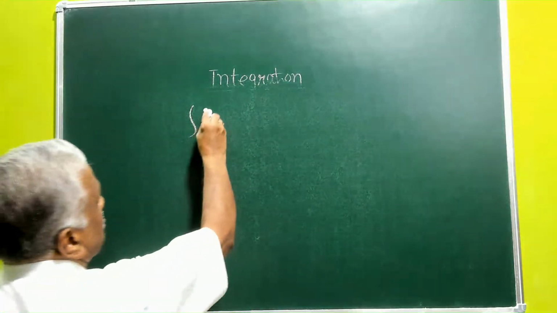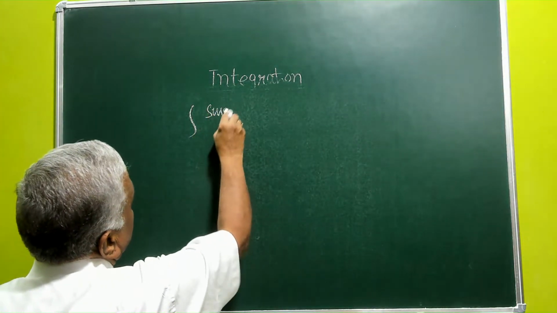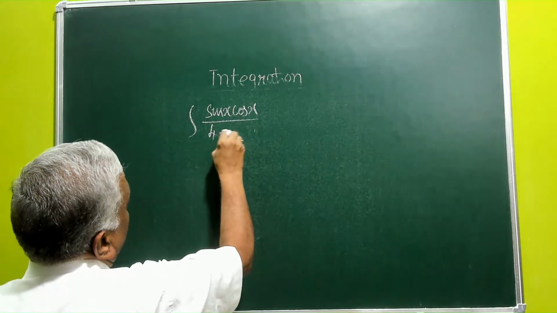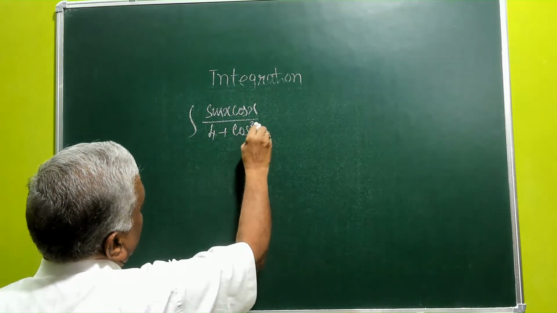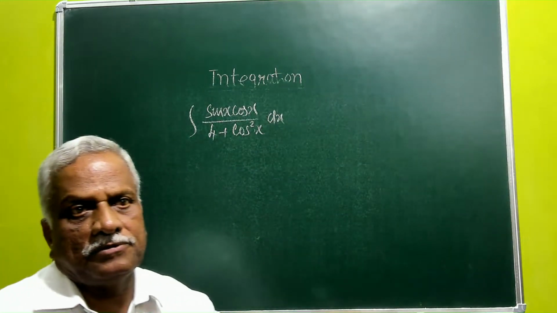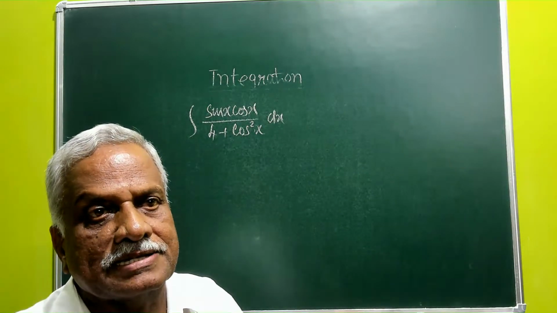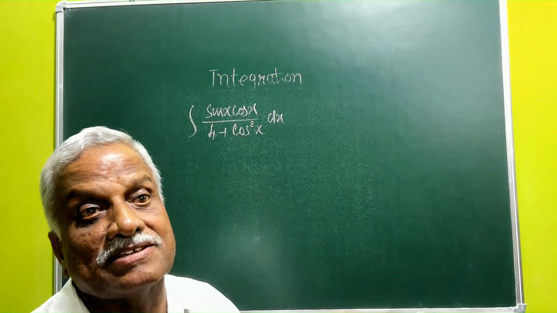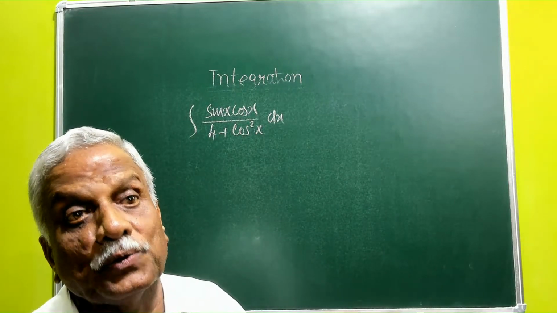Integral of sin x cos x over 4 plus cos square x dx. Yesterday I discussed that if cos x is t, you get minus sin x dx. If cos square x is t, it is minus sin 2x.